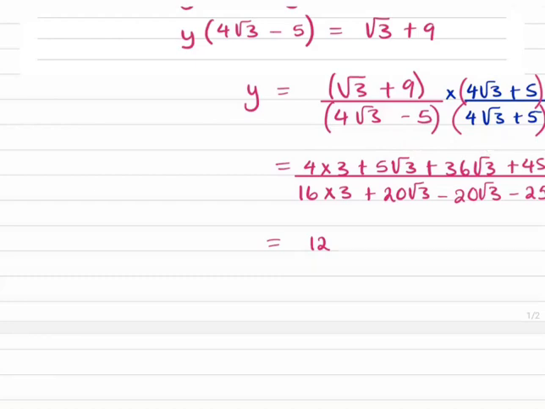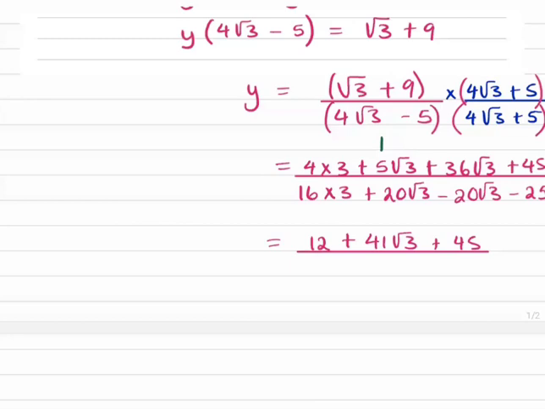So I can add them together, but observe when we add, we use the coefficients or the multipliers, the numbers multiplying with the roots. So I'm going to have a 5 plus a 36. And that's going to give me a 41 root 3. Then we still have our 45 right at the end there.